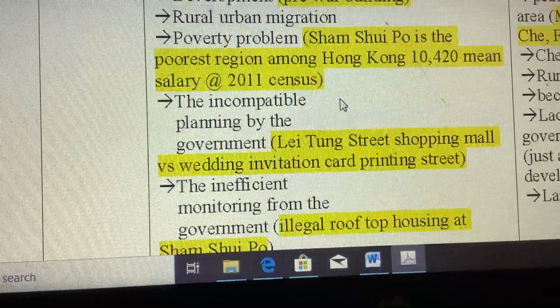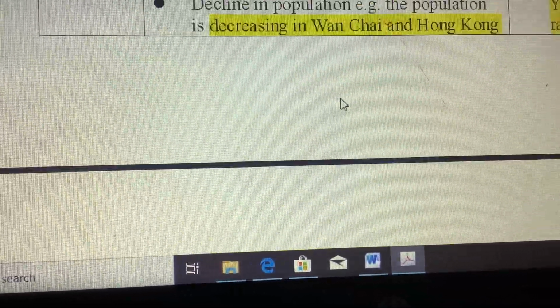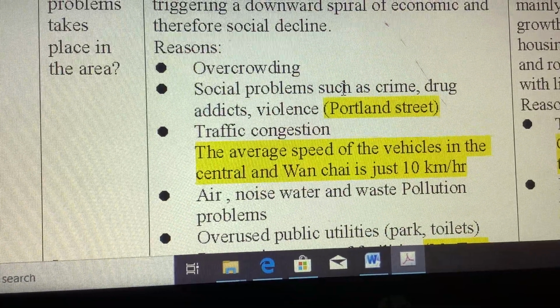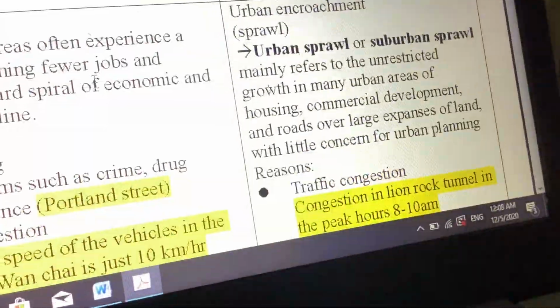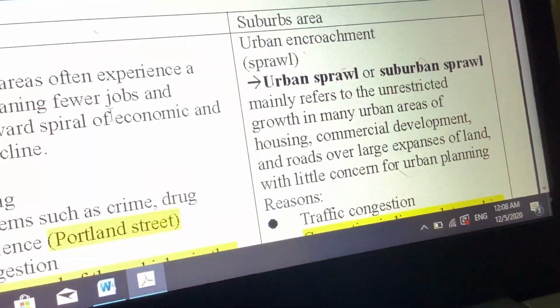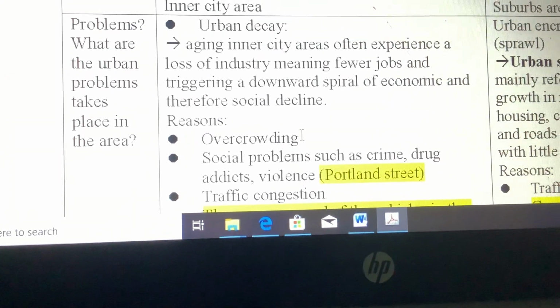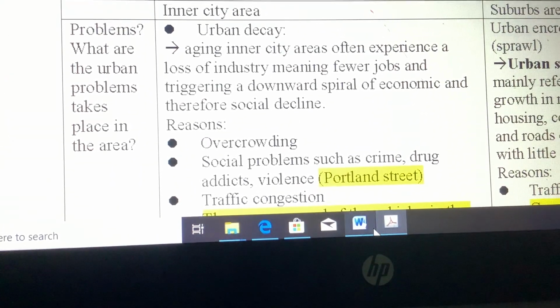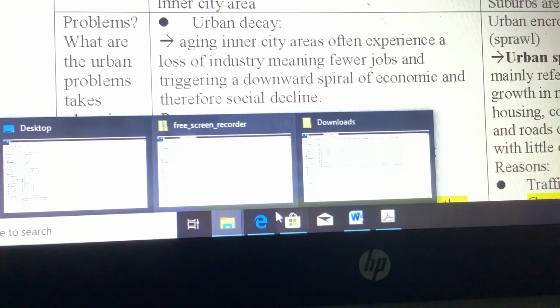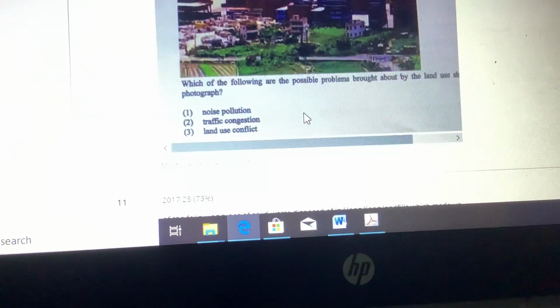It should be urban encroachment. If you want to find something about urban encroachment, please turn to the right-hand side, suburbs, in your summary, page 53. But I'm not going into detail. You have to check it out by yourself.